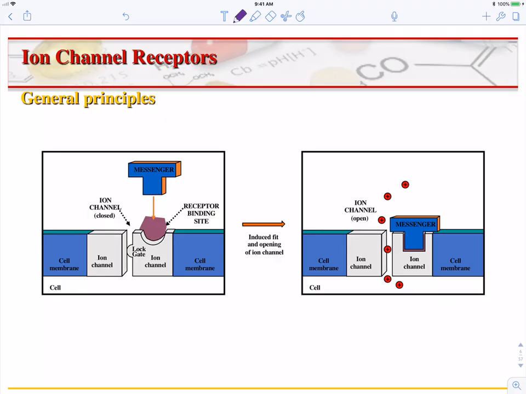For example, ion channels are transmembrane proteins that control the influx of ions. Each type of ion channel is specific for one specific ion. So, for example, we have sodium, calcium, chloride, and potassium channels. The ions flow across the cell membrane basically following the concentration gradient.